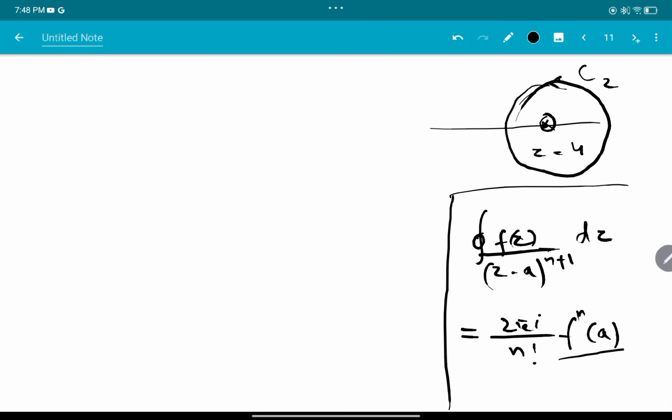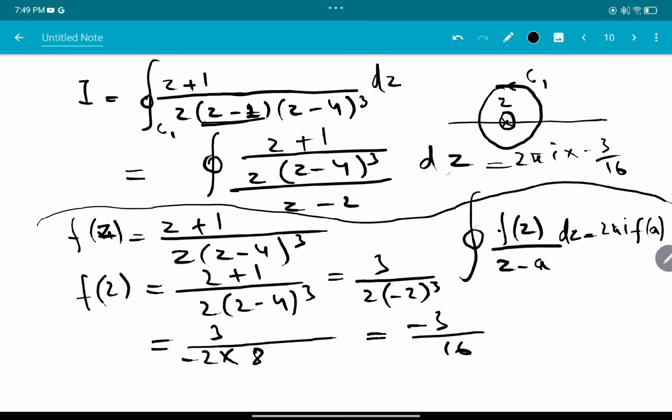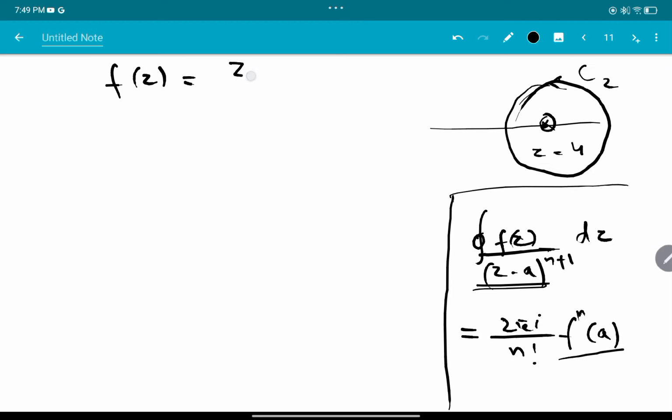This means n plus 1 is 3, n is 2. First of all, let me write f(z). F(z) is that part of the integrand which is left without this factor. In this case, you have to leave this aside because it is the singularity factor. The rest is this, z divided by z divided by z.